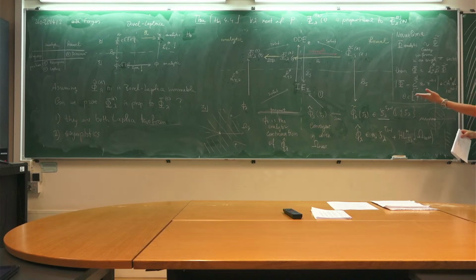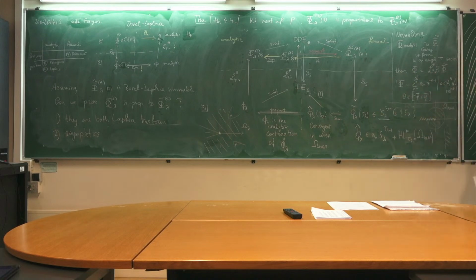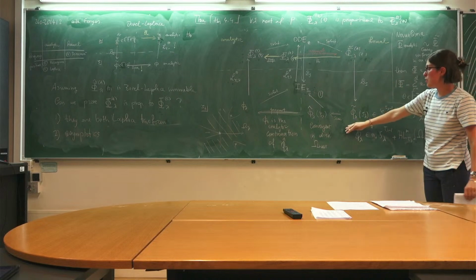So with this approach, instead of checking that phi lambda c is asymptotic to the same solution phi lambda alpha a in a large enough sector, we move to the position domain.